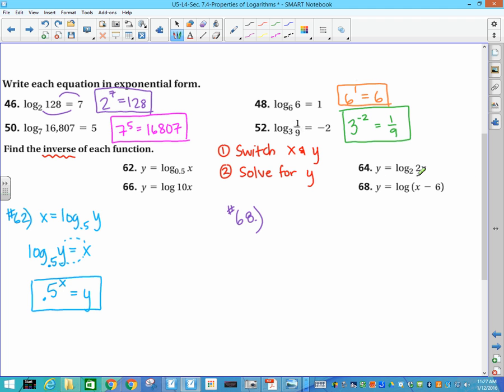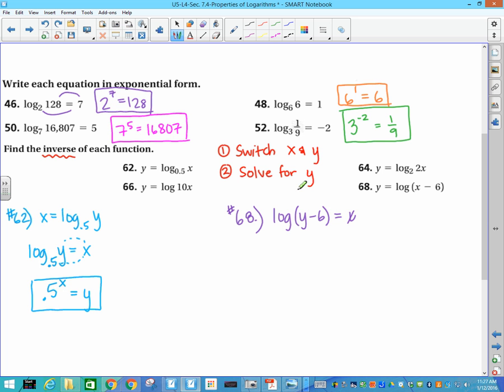So if I switch my x and y, and I'm going to switch sides at the same time here, I'm going to put the log of y minus 6 is equal to x. Okay, now what am I doing? I already switched my x and y, and I switched the sides.